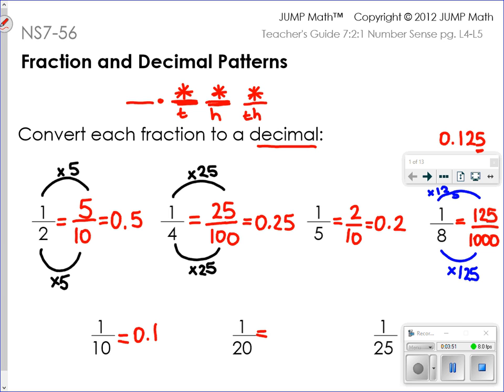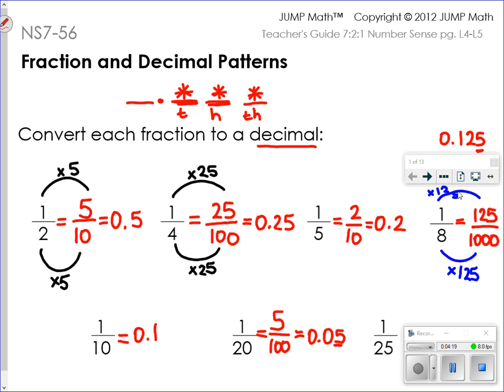So my next easiest thing would be to convert this to hundredths because then I can write it as a decimal. So what do I multiply 20 by to get 100? 20 times 5. So do the same thing on the top. 1 times 5 is 5. 5 hundredths written as a decimal. That's 5 ending in the hundredths position, the second place after the decimal.